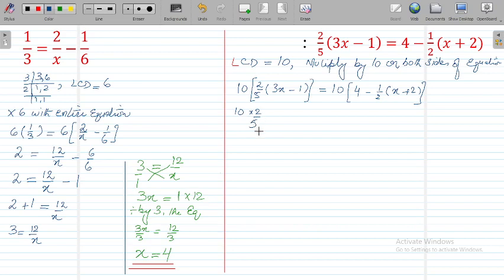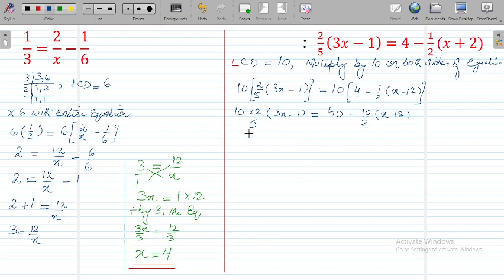Then the expression 3x minus 1 is equal to, this will become 40, 10 fours are 40, and this will become minus 10 by 2 into (x plus 2). Okay, so this is the expression.